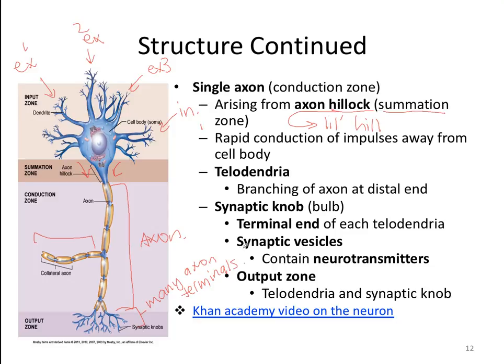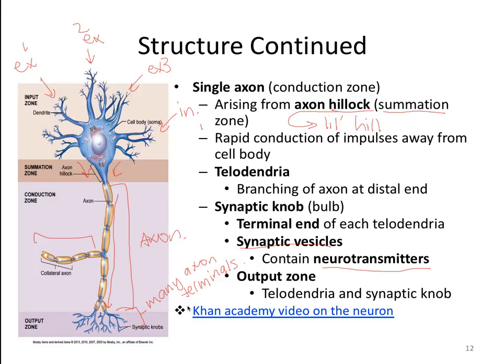And these are the things that we've already seen because we've looked at the neuromuscular junction, so we know these contain neurotransmitters. So this is the output zone. This is where the electrical signal from the action potential transforms briefly into a chemical signal when neurotransmitters are released into the synaptic cleft, either at the neuromuscular junction or at a synapse between two neurons.